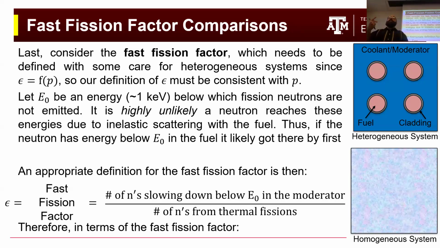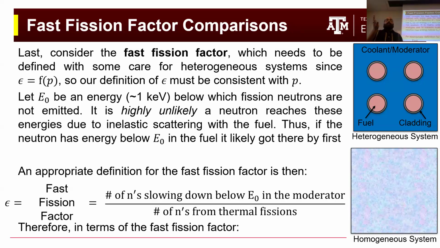The argument is that we're going to assume that at some E0, let E0 be some energy below 1 keV. If we're below 1 keV, we're not going to really have any fission neutrons that are born at that energy, right? Most fission neutrons are born fast. So if we say E0 is 1 keV, we can make the argument that most neutrons aren't born below that energy.